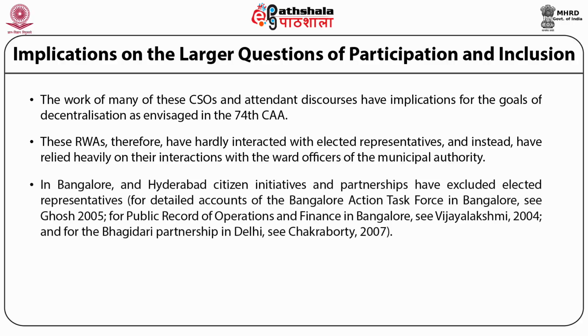In Bangalore and Hyderabad, citizen initiatives and partnerships have excluded elected representatives. And for the Bhagidari partnership in Delhi, administrative efficiency preceding electoral accountability defeats the goals of strengthening local self-governance as envisaged in the 74th Constitutional Amendment Act, as one of the goals of the amendment has clearly been to vest more power with the elected representatives or municipal councillors who represent the people of the locality.